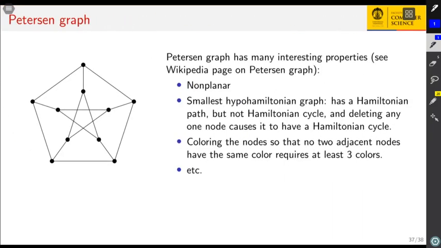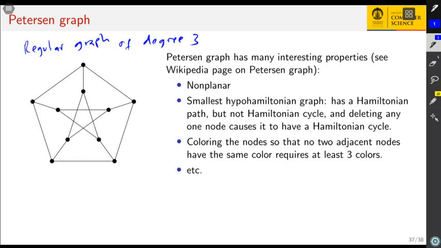Here's an example of another regular graph called the Petersen graph. The nodes in the Petersen graph are all of degree 3, so this is a regular graph of degree 3. This is interesting.